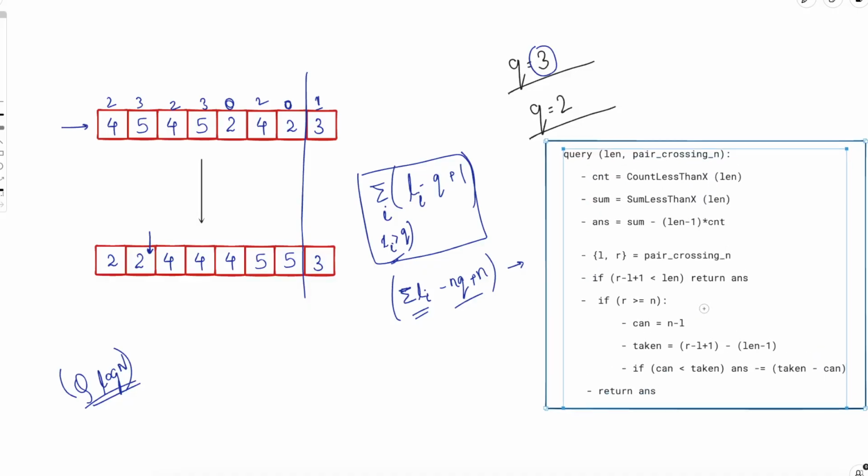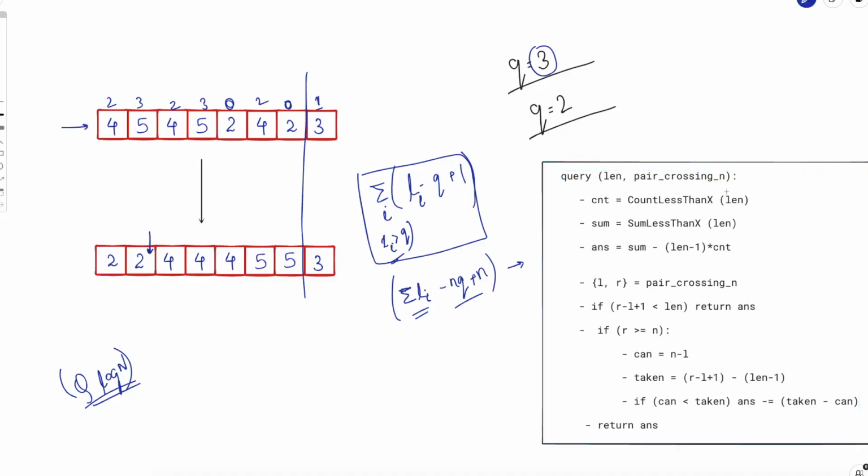So this is how the pseudo code would look like. What you are doing is simply querying for the given length. First, you figure out how many elements there are, because this n is something you also need to figure out, right? So this is count, which is n here.